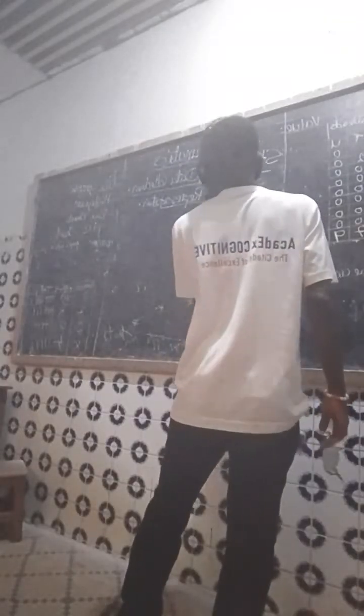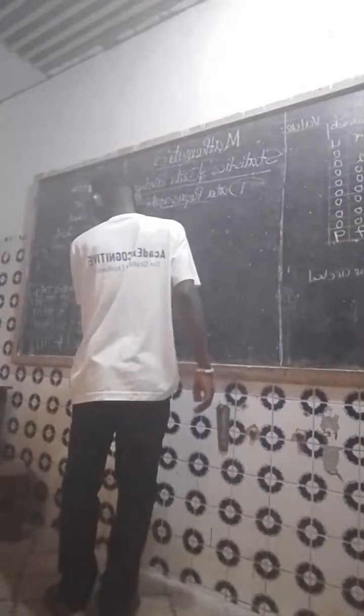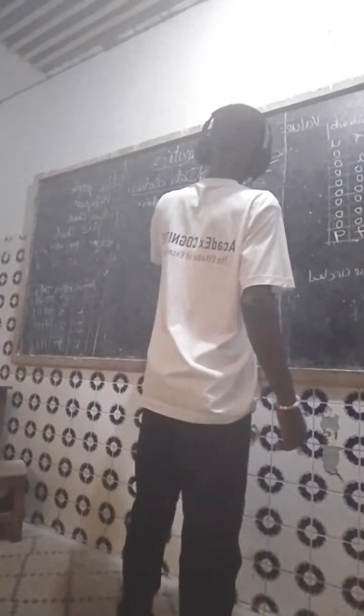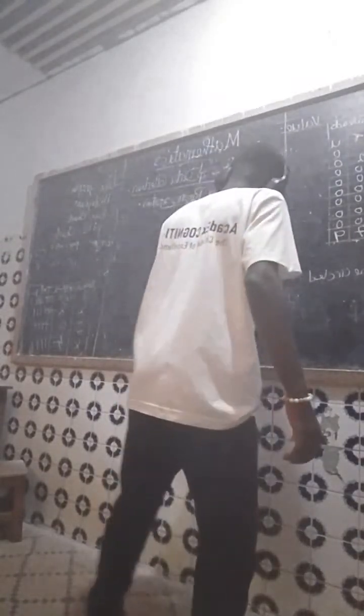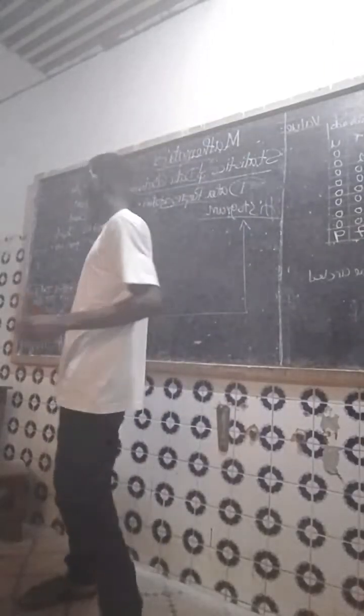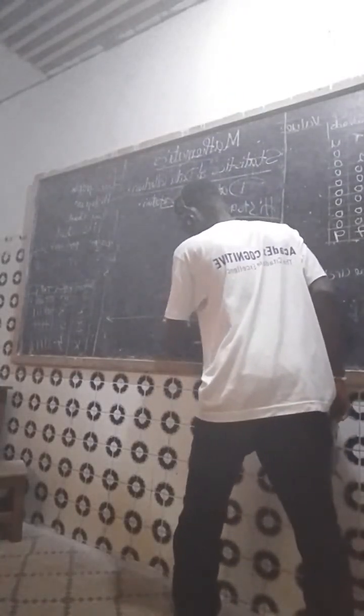Now the next thing is the histogram. This is how a histogram will look. I want to represent the same information: banana, grapes, apple and mango.